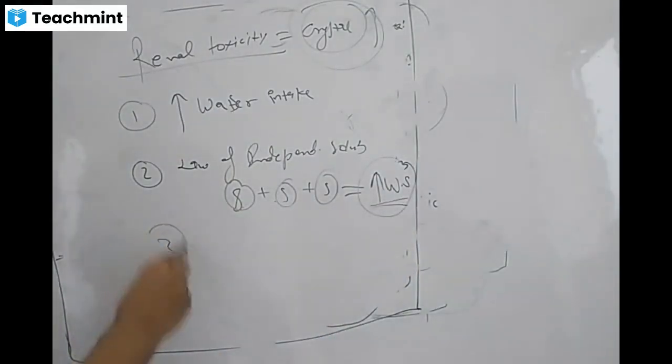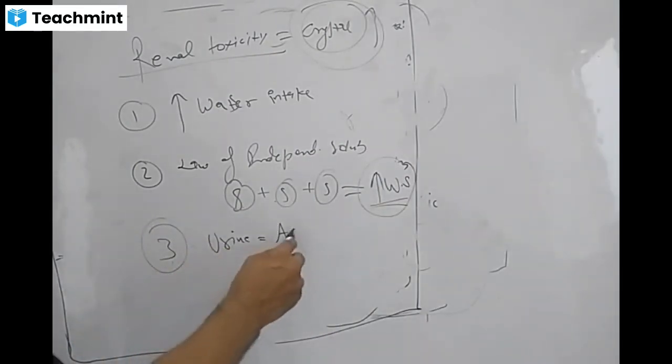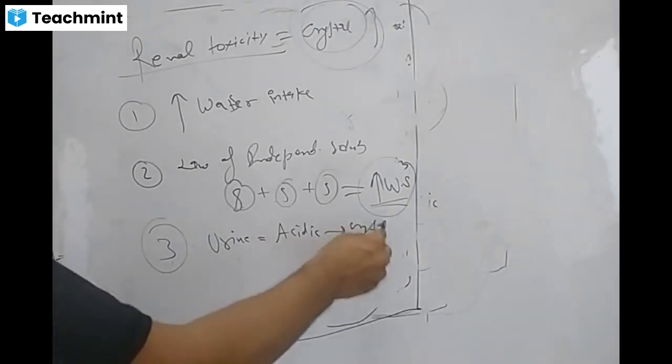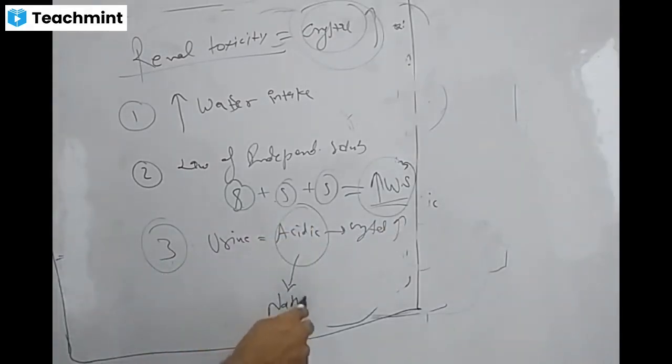The third thing: if the urine is acidic and the chance of crystal deposition is more, we can make this urine alkaline by using NaHCO3.